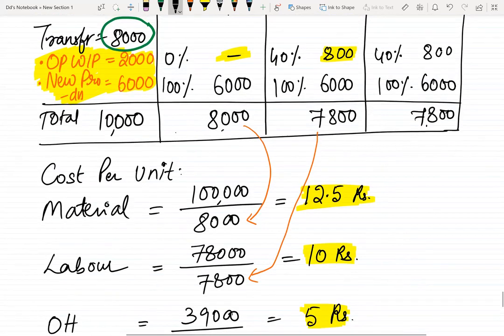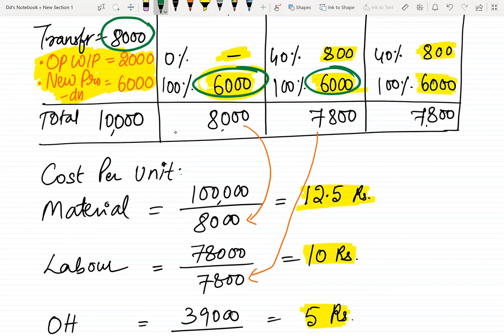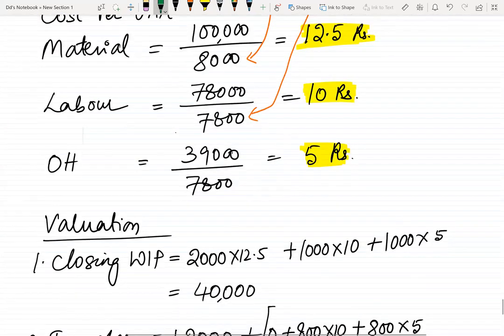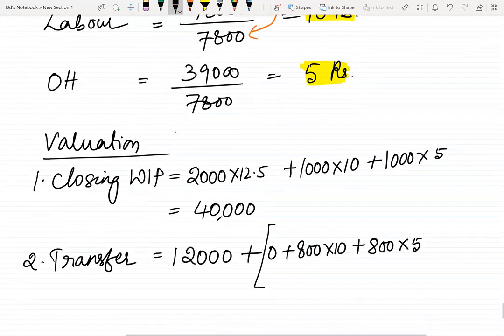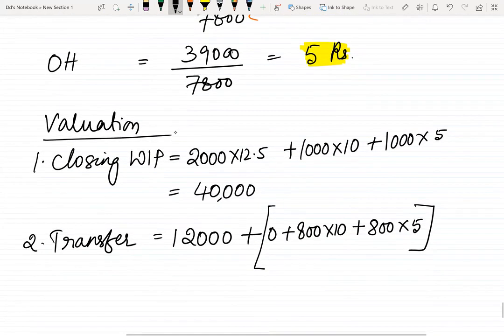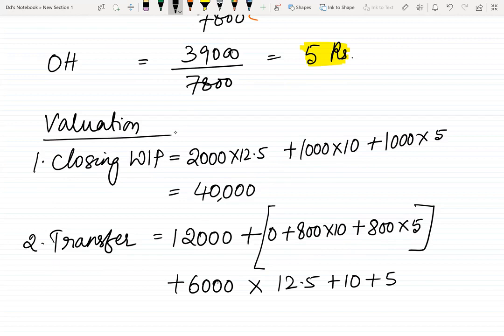Correct. Here it is another 800 into 5. Okay, that's not over. You also have to take this 6,000, 6,000, 6,000. But one good thing is I'm circling in green. All these are 6,000, 6,000, 6,000. So I can take a common number 6,000. Yes. So close the bracket and then add 6,000 into 12.5 plus 10 plus 5.